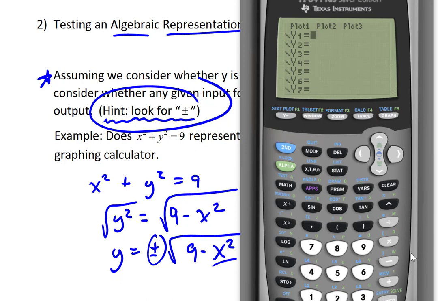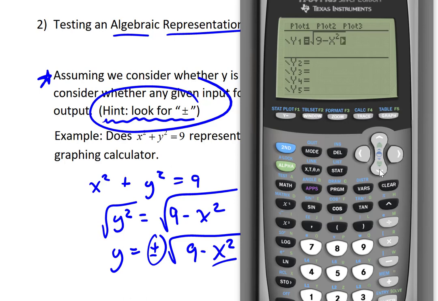In our y1 equals window, we'll start with the positive version. We don't have to actually enter a plus sign, we'll just assume it's positive. So we'll hit second and then our square root button, and then type in 9 minus x squared, which is exactly what we have under the root in our function.